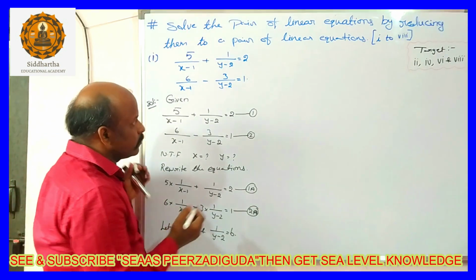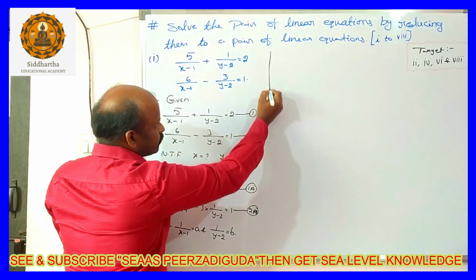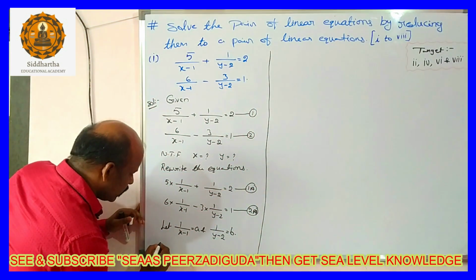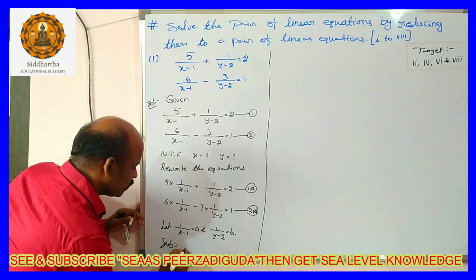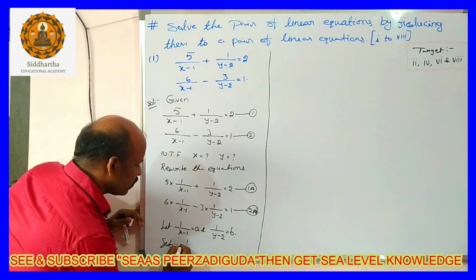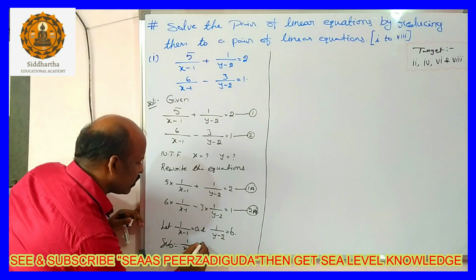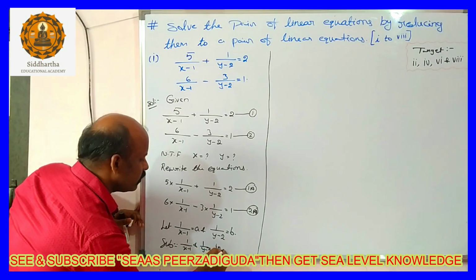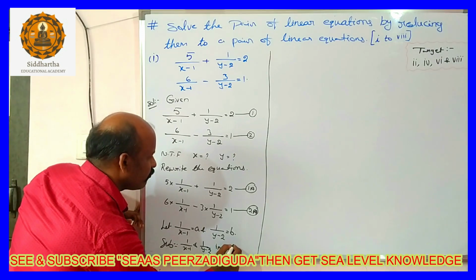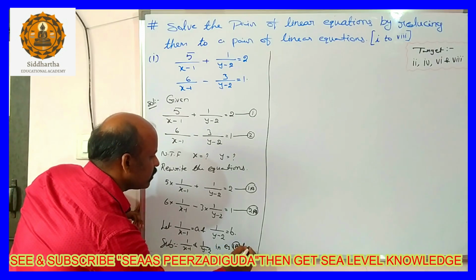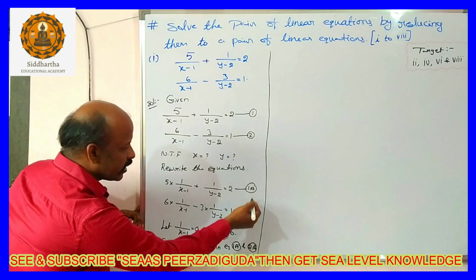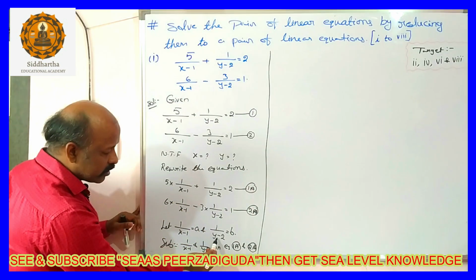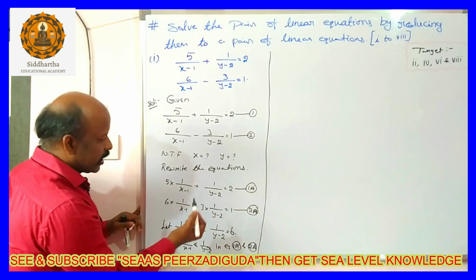Now you observe, substitute 1 by x minus 1 and 1 by y minus 2 in equations 1a and 2a. In 1a and 2a, instead of 1 by x minus 1 I write a, and instead of 1 by y minus 2 I write b.